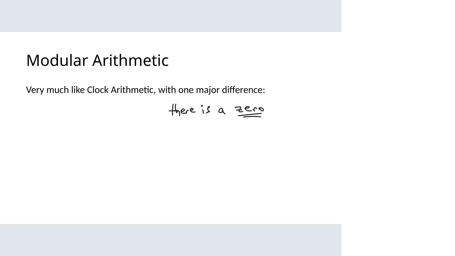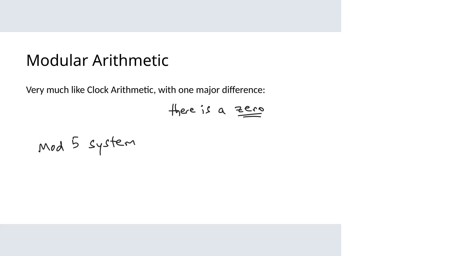And so just to make a little bit of sense out of the idea of modular arithmetic, let's say we're talking about a mod 5 system. This system's going to have 5 digits in it. But it's not going to be 1 through 5 like a clock would be.